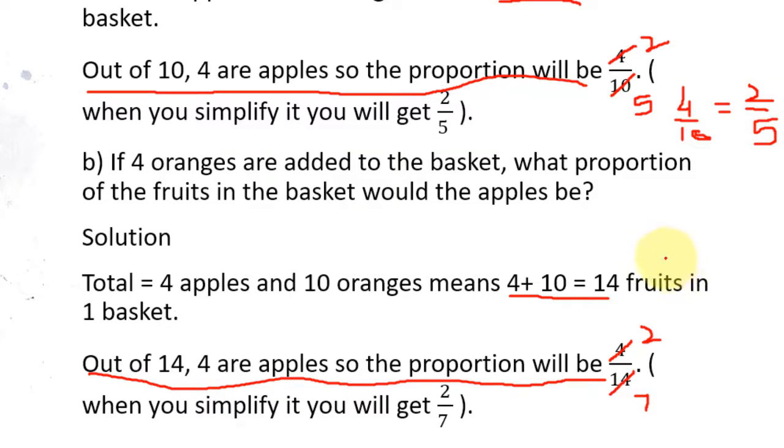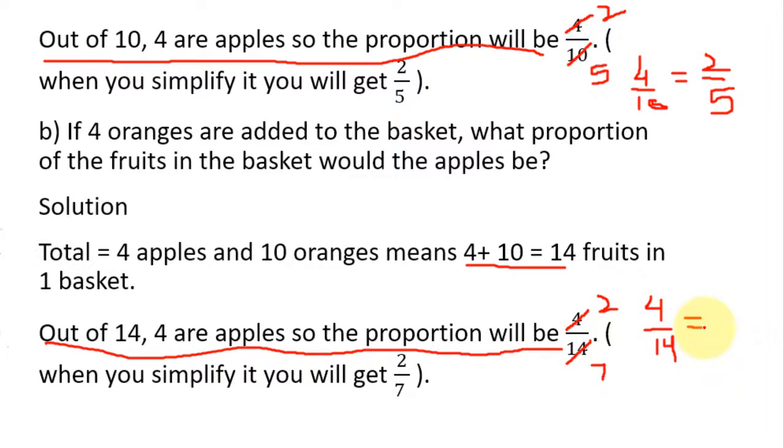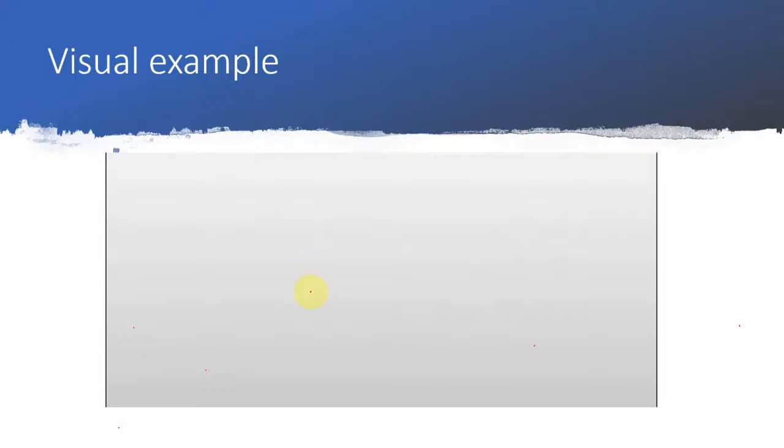And in B part, 4 upon 14 is equal to 2 upon 7. So these two ratios are equal and this shows proportion. I am going to clear it. Now this is one visual example. I hope your concept will be more clarified with this example. Let's start with it.